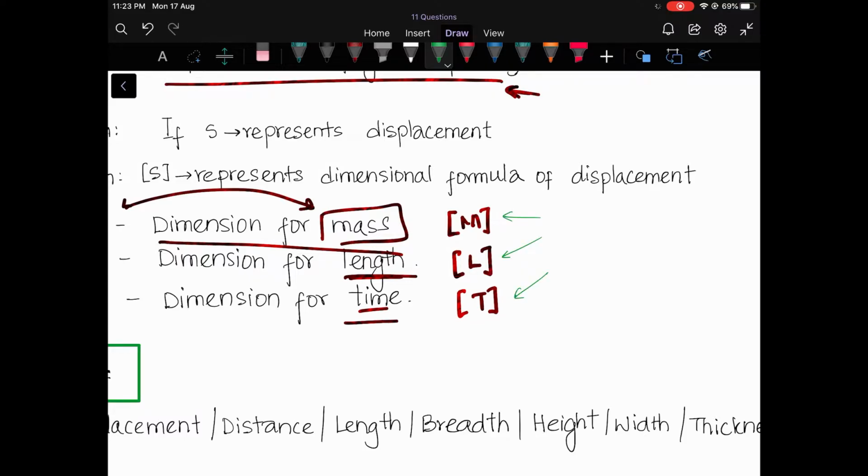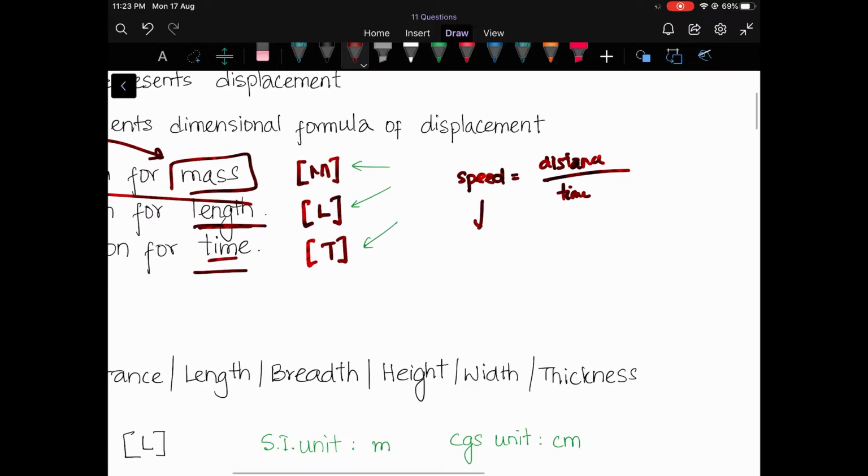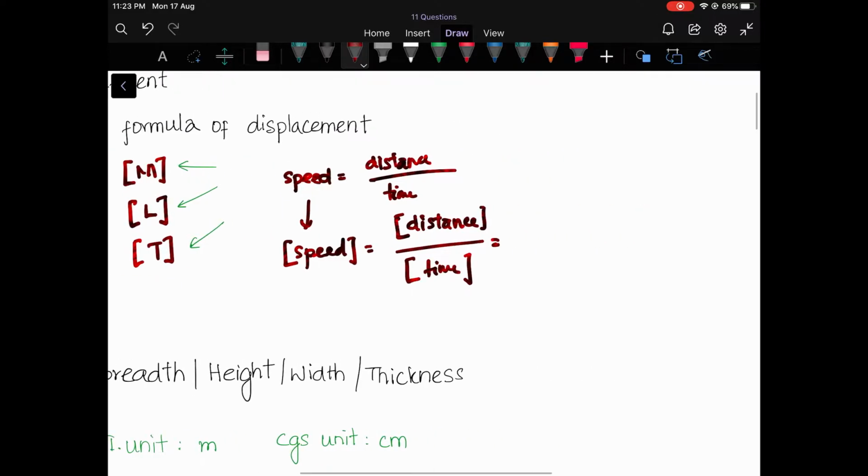Now suppose we have a physical quantity like speed, which is defined as distance by time. Then we can have this speed have a dimension, taking the dimension of distance divided by the dimension of time. Now distance, as we know, is nothing but a measurement of length.